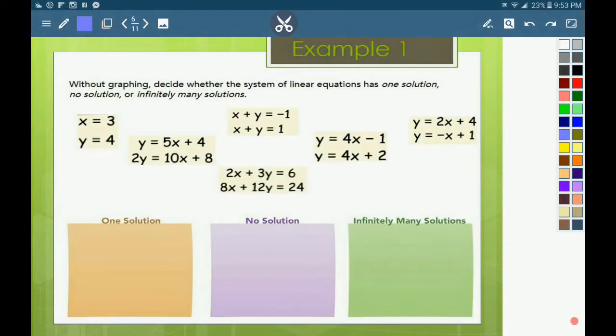So let's take a look at the first example. It says, without graphing, decide whether the system of linear equations has 1 solution, no solutions, or infinitely many solutions. So we have about 6 different systems here, and we have to analyze whether there's 1, none, or a ton. And if you notice, some of them are not in y equals mx plus b form in order for us to tell if there's a similar slope, or an equal slope, different slopes, or the y-intercepts.